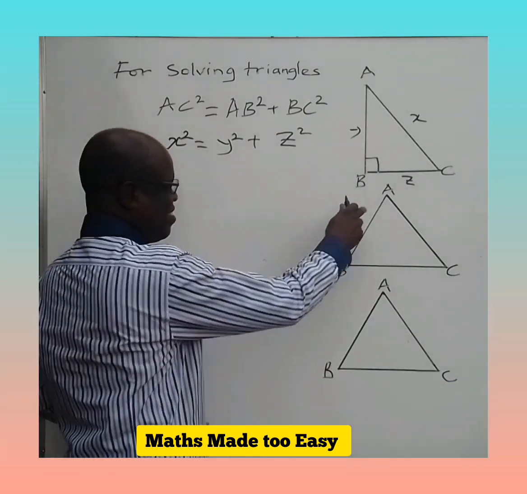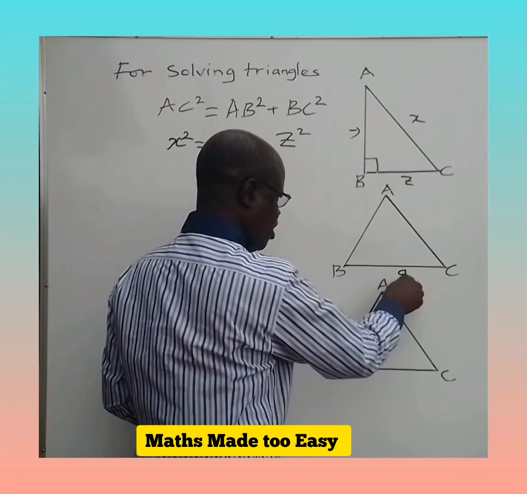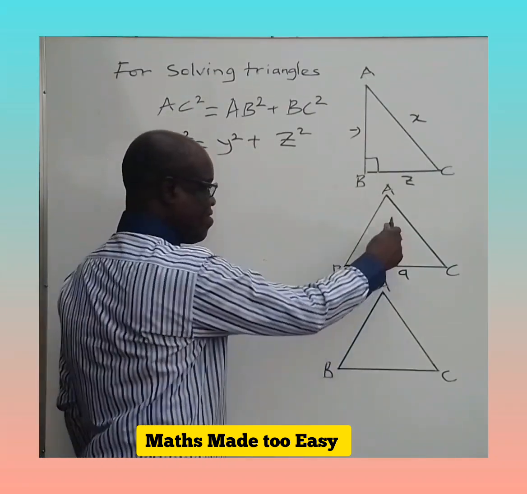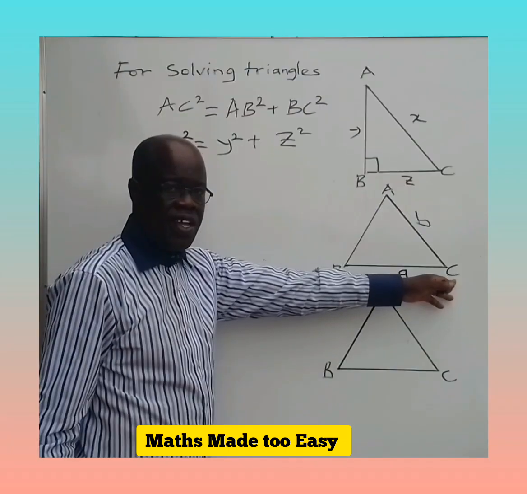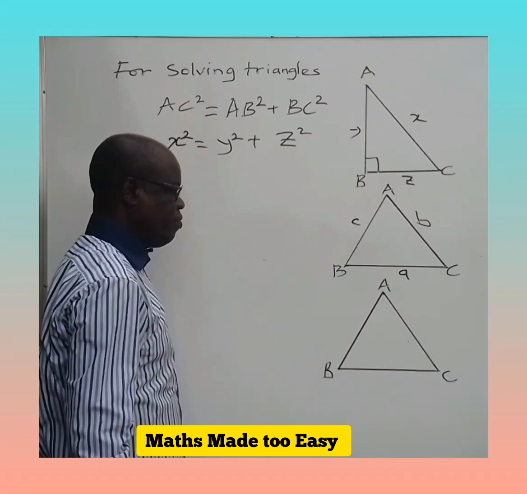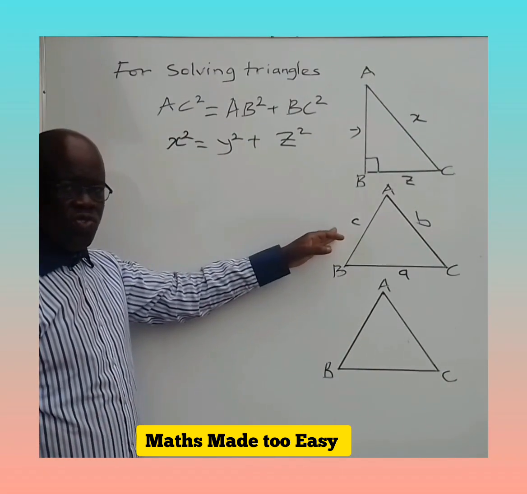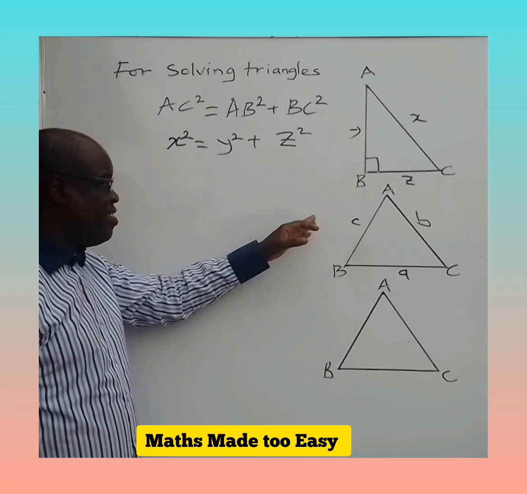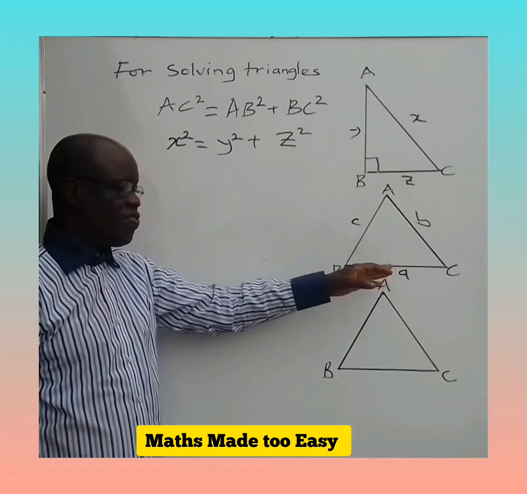Now, let's look at this second one. If you look at this, this is A, and this is the side that is opposite to A. So let's call it small a. This is B, and this is the side that is opposite to B. Let's call it small b. This is capital C, and this is the side that is opposite to it. Let's call it small c. Now, if your diagram looks this way, you are going to use sine rule. In this case, it is not a right angle triangle, as you can see.